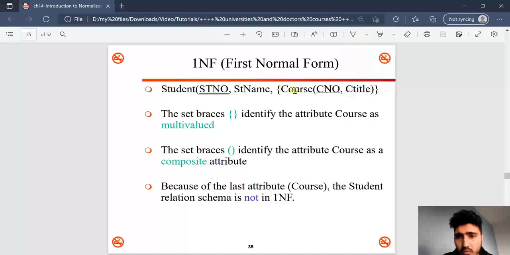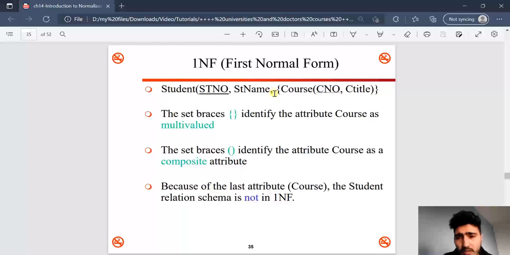So this is a compound or composite attribute composed of two attributes, which are the course number and the course title. For this relation to be in 1NF, this shouldn't happen because, as we said, each attribute in 1NF should be only an atomic attribute or single valued attribute.